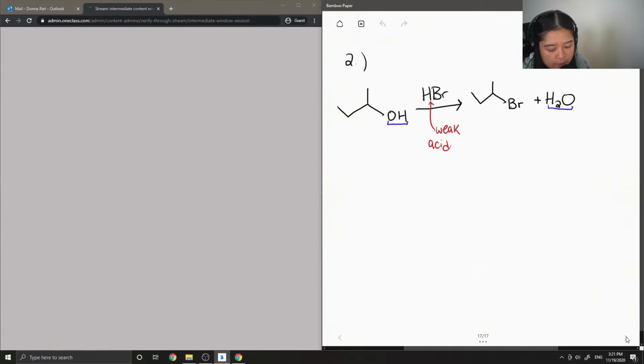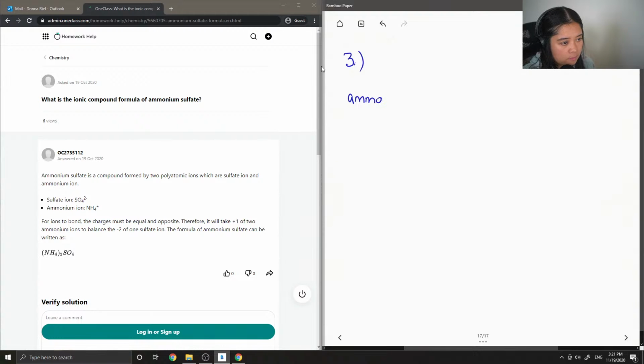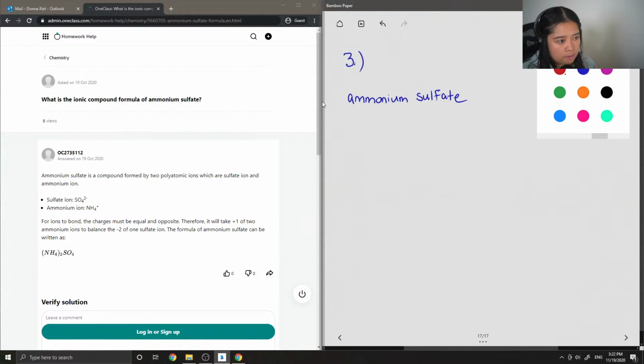On to question 3. What is the ionic compound formula of ammonium sulfate? Let's look at the compound name and identify the ions involved.